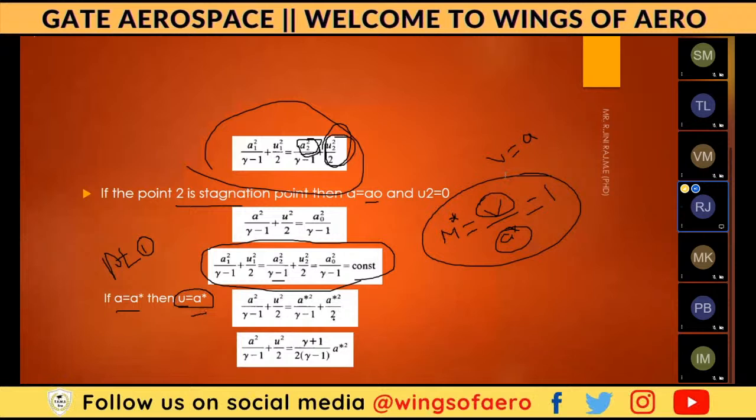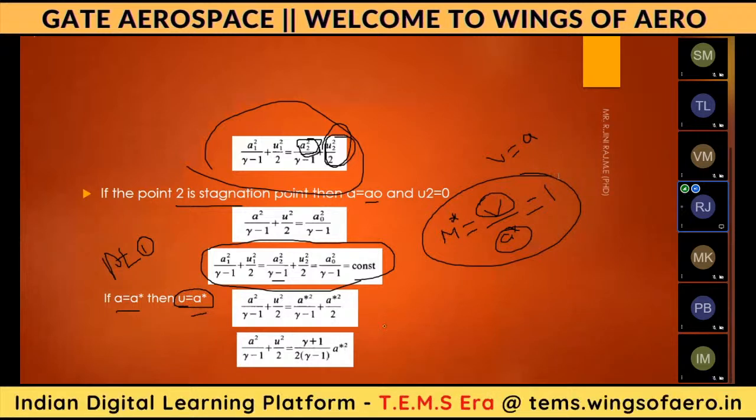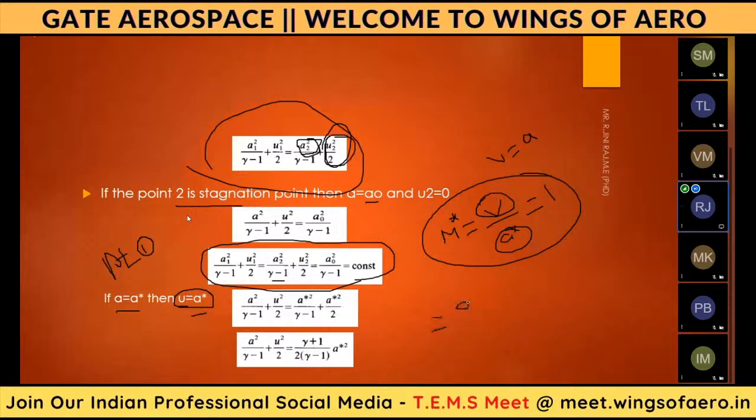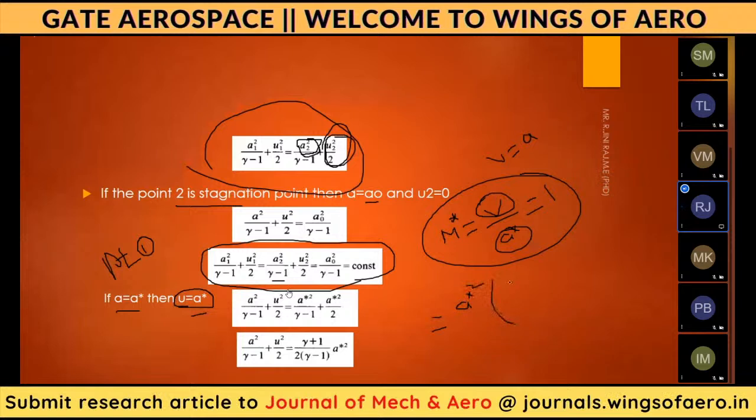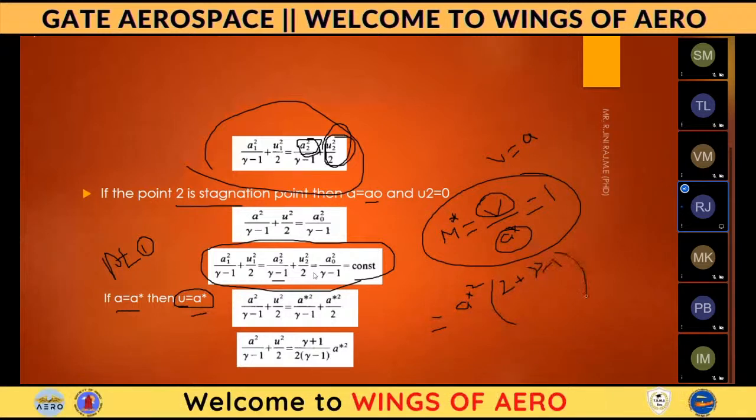By solving the whole thing, we will get gamma plus 1 divided by 2 into gamma minus 1 into a star square, like this. That is equal to a star square into (2 plus gamma minus 1) divided by 2 into gamma minus 1.